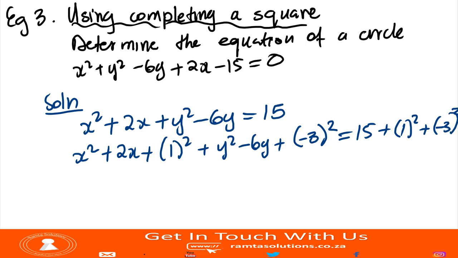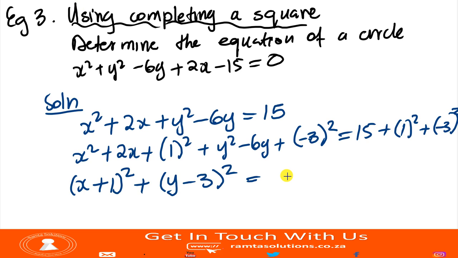Now, these are what we call perfect square trinomials. So this becomes x plus 1 all squared, and plus y minus 3 all squared, which is also a perfect square trinomial. And this is 15 plus 1 plus 9, isn't it?